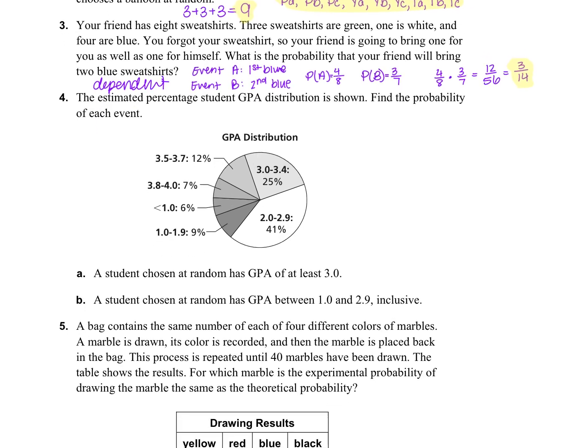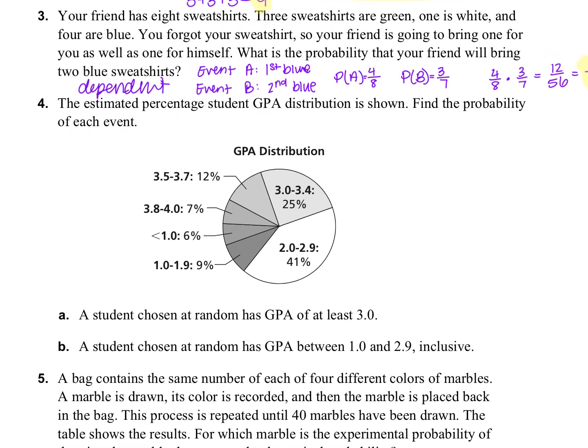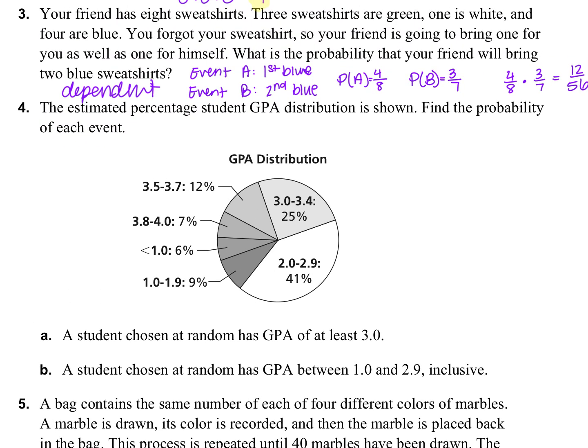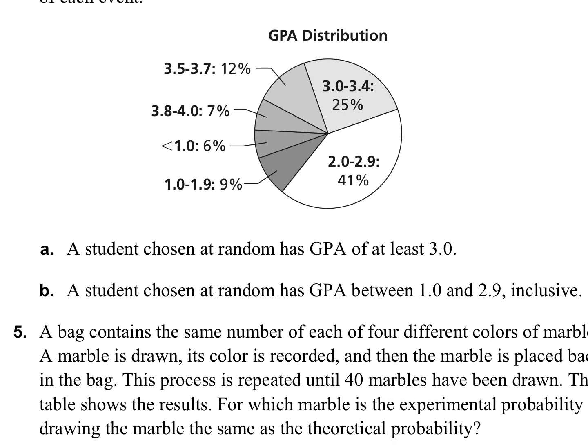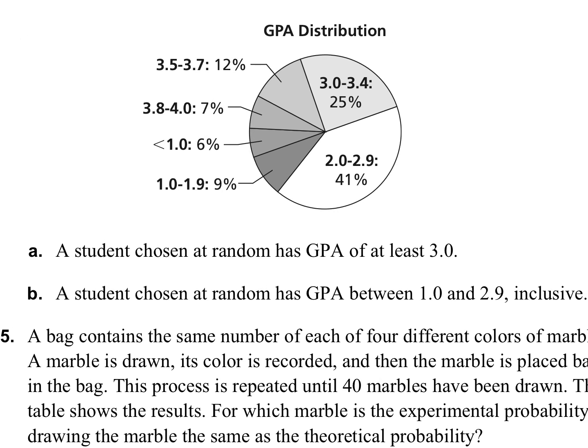All right, looking at the next question, I have my diagram here. It says the estimated percentage of student GPA distributions is shown. Find the probability of each event. So looking at the first one, it says a student chosen at random has a GPA of at least 3.0. At least means 3.0 or higher.